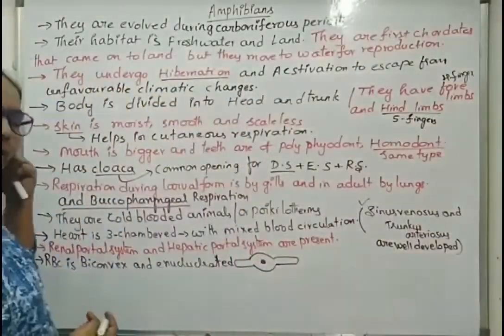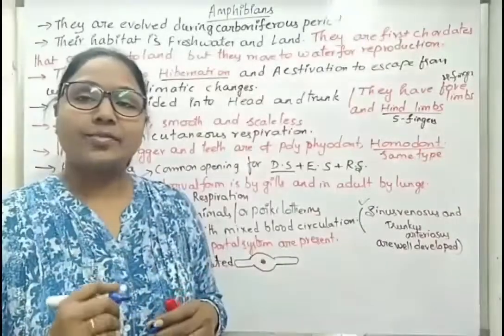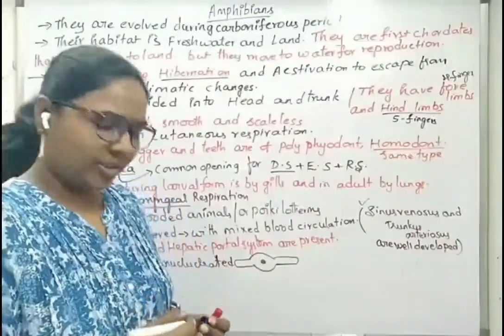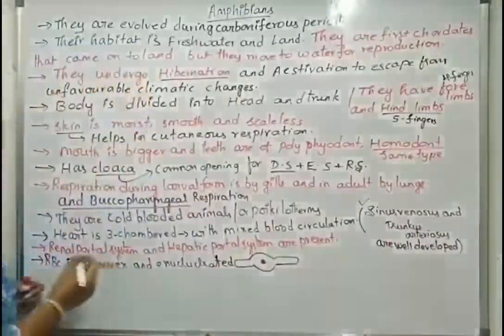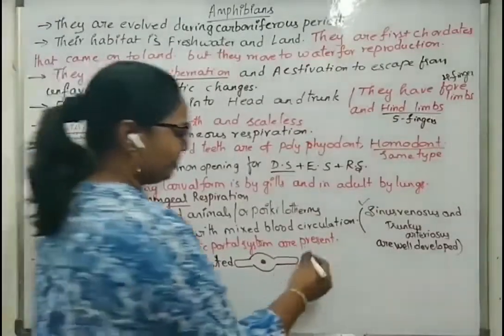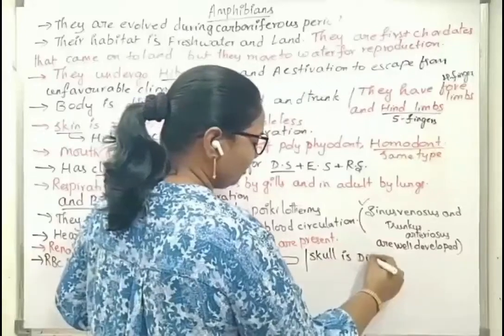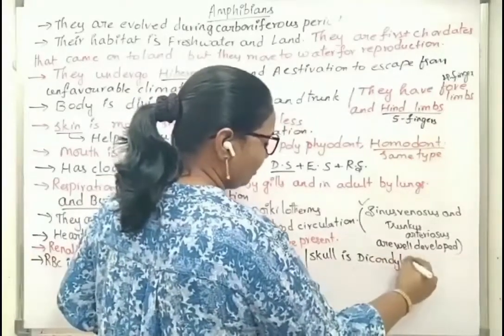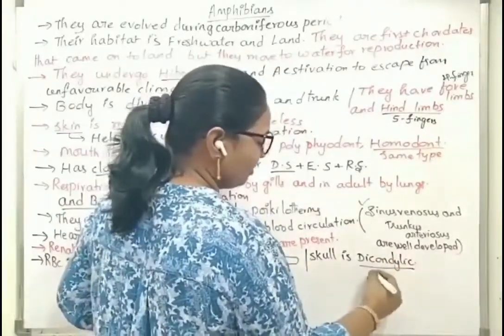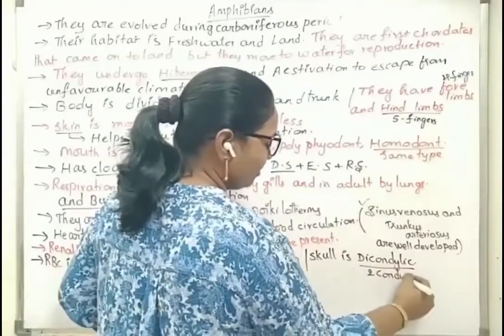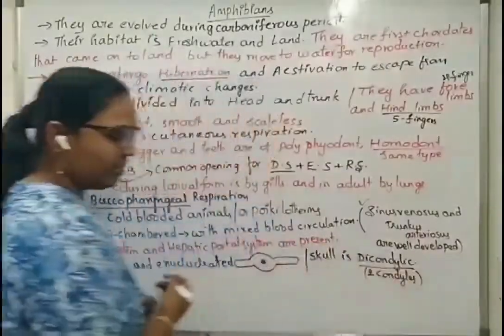Skull is dicondylic, means two condyles form into one single skull-like structure, like that of human beings. These are nothing but bone-like structures.